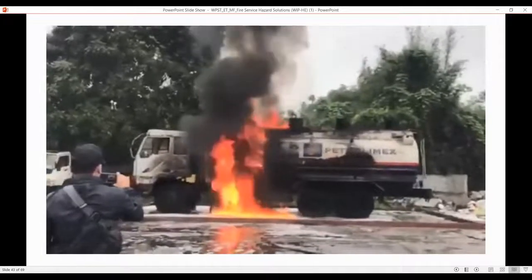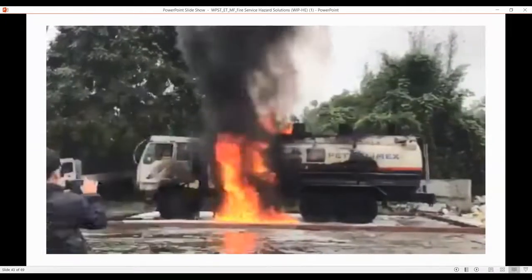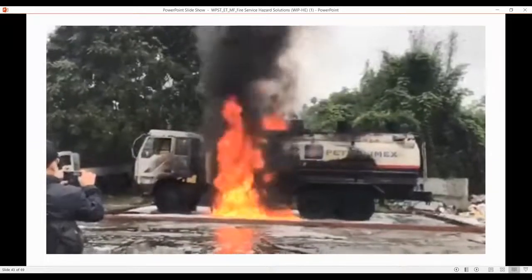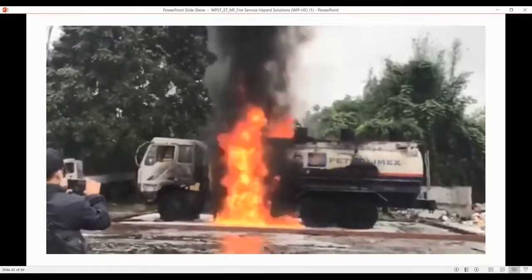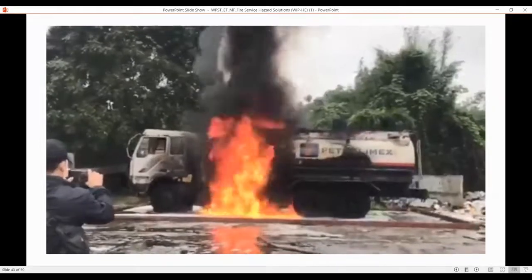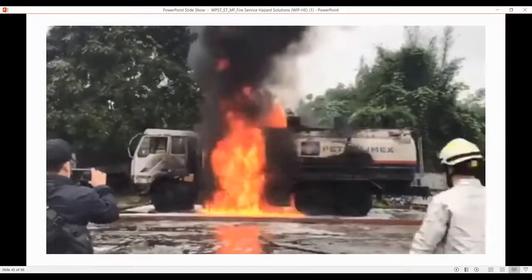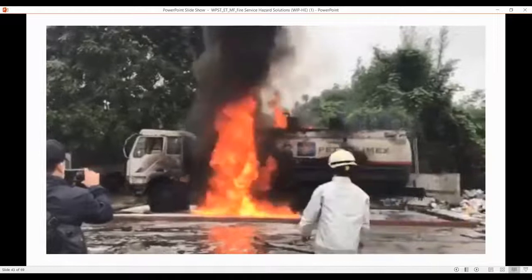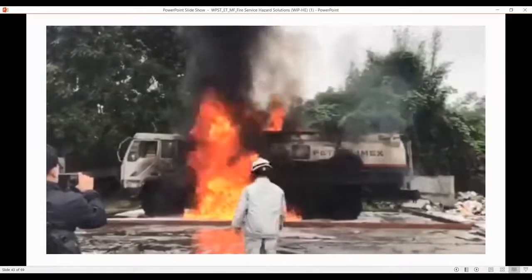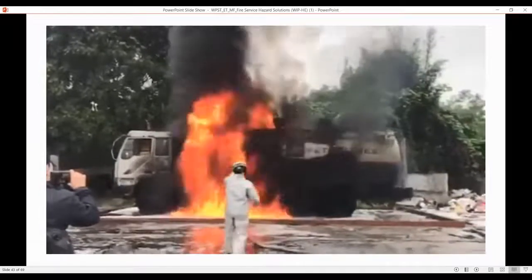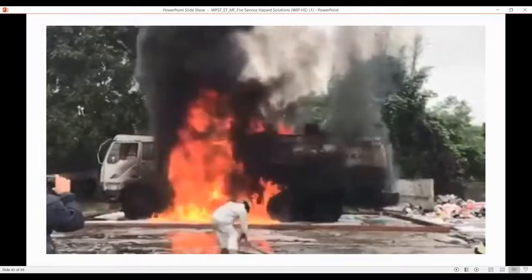So an ideal three-dimensional fire, just like we saw in the picture in the beginning of the presentation where the side of the tank melted open, all of those contents would have spilled out and been running down on the ground. So what we have here is that three-dimensional flowing fuel fire.